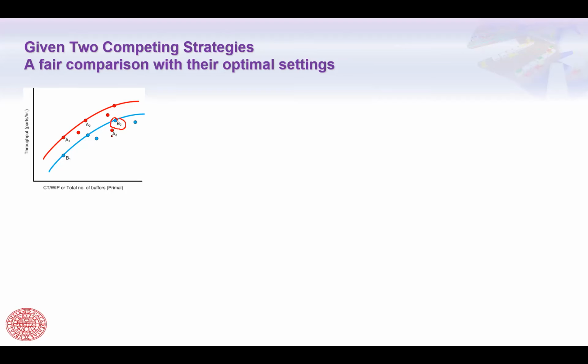So A has a lower buffer, and B gives you a higher throughput. But can you now conclude anything general about the optimal setting of the different strategies represented by B and A? No, you cannot just compare with one solution.